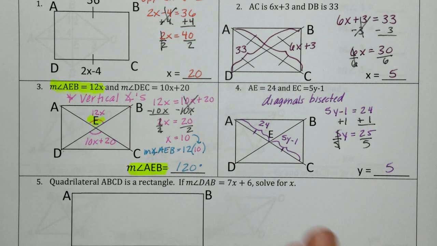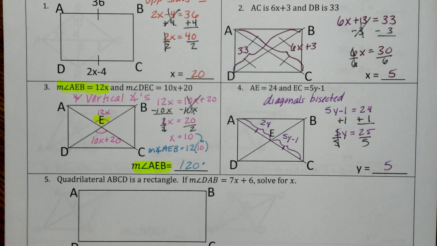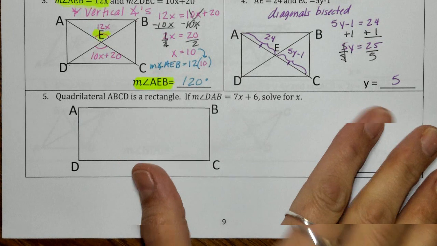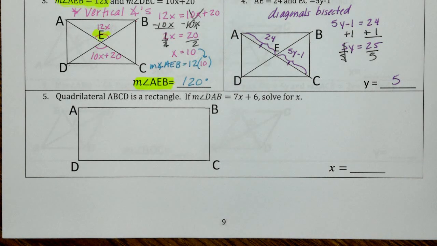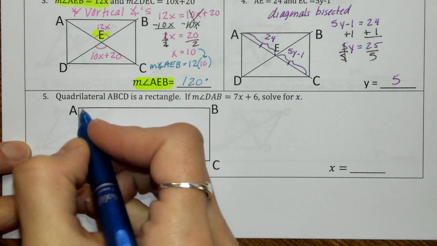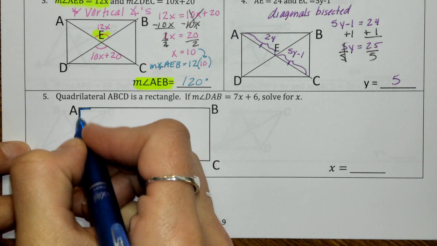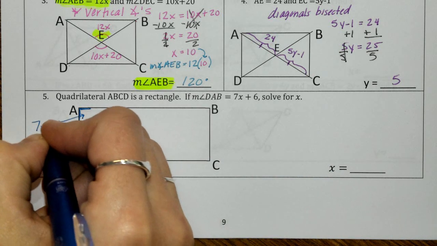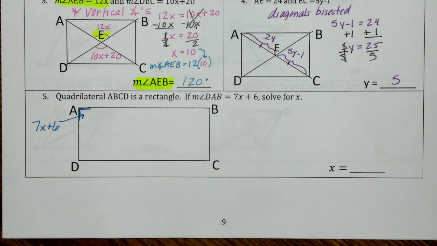All right, last one for the rectangles to practice here. In this quadrilateral ABCD, we have a rectangle, so we know that all these different things are going on here, all these properties it talks about. They're saying that if the measure of angle DAB, so from D to A to B right here, is 7x plus 6, we want to solve for x.